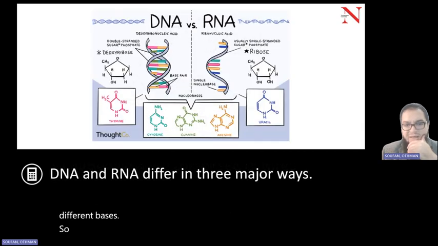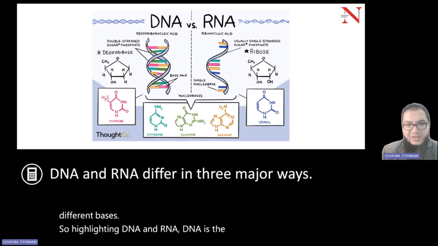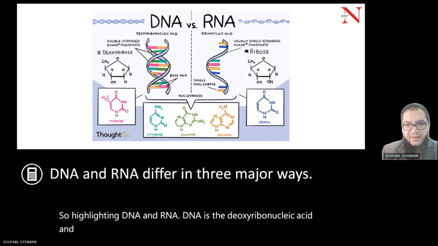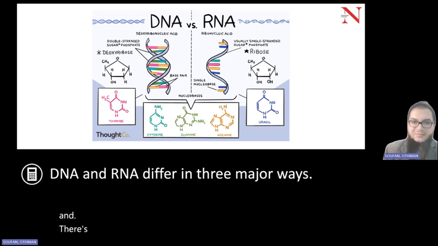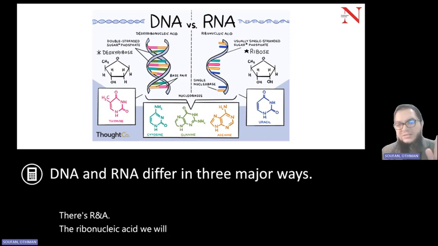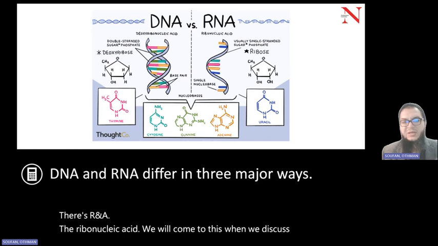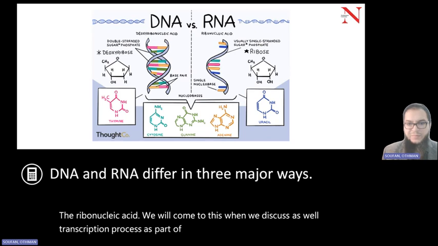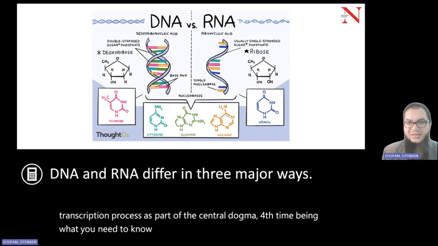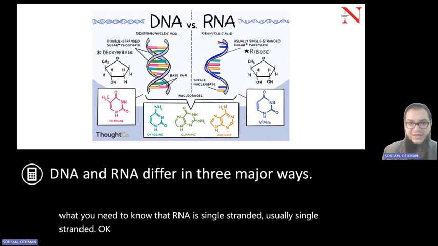So, highlighting DNA and RNA. DNA is the deoxyribonucleic acid, and there's RNA, the ribonucleic acid. We will come to this when we discuss the transcription process as part of the central dogma. For the time being, what you need to know is that RNA is usually single-stranded.